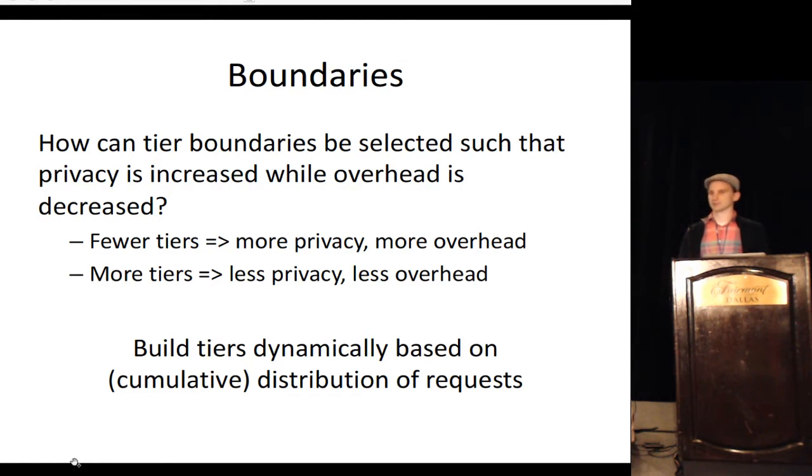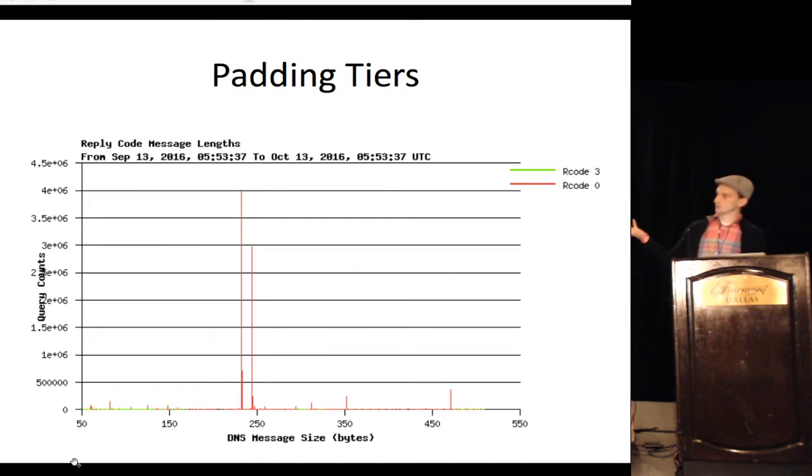So for example, you might imagine a resolver or a stub server supplying responses with a size according to this particular distribution. You see there's a lot of responses in the 50 to about 230 byte range, then there's a spike around 230 to 250, and then it kind of teeters off there afterwards.